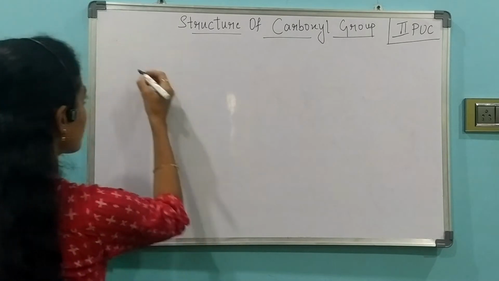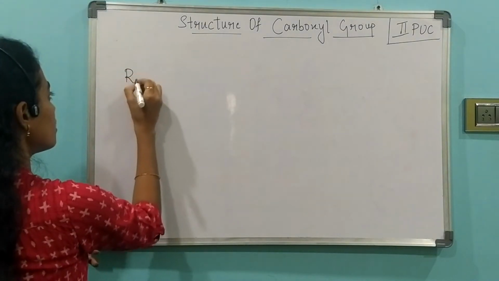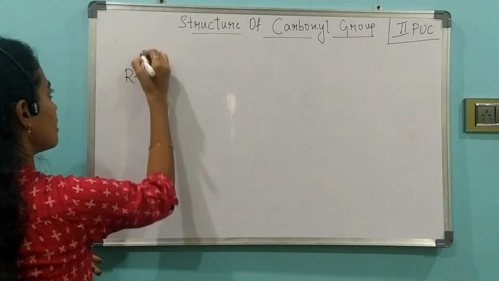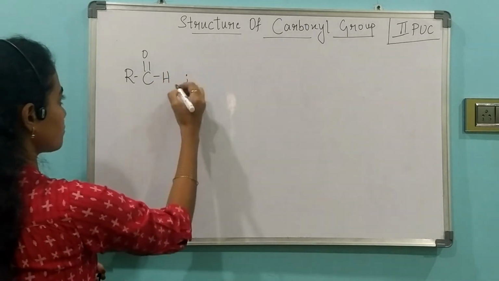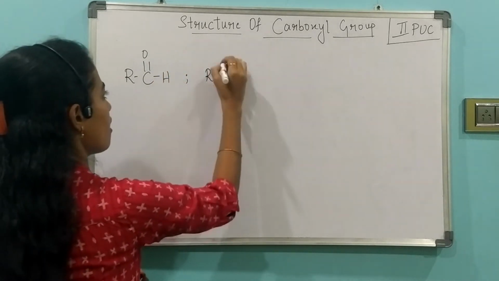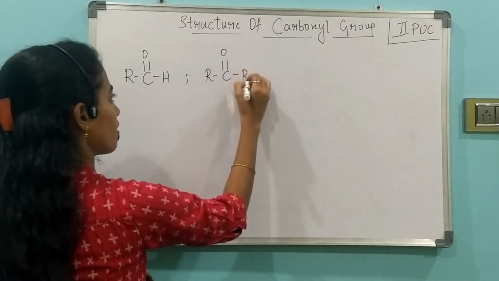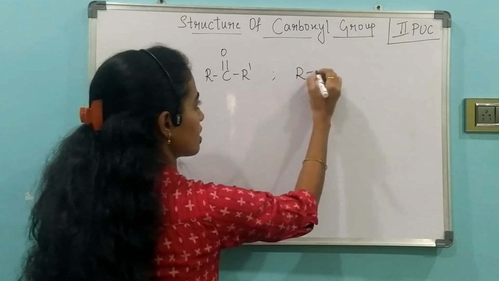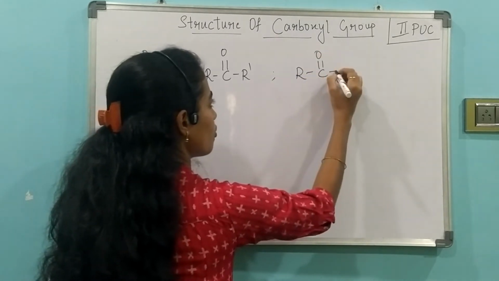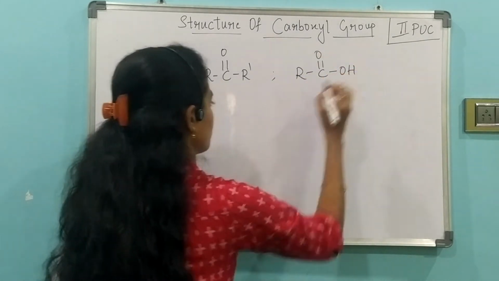So before we study these carboxylic acids, we have done the aldehydes and the ketones, where the functional group for aldehyde is RC double bond O H. For ketones, RC double bond O R dash. And for carboxylic acids, as we saw yesterday, it is RC double bond O OH.